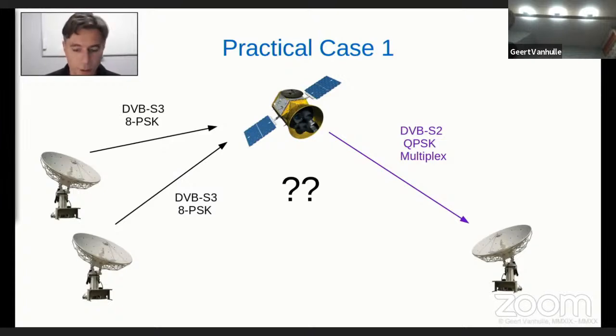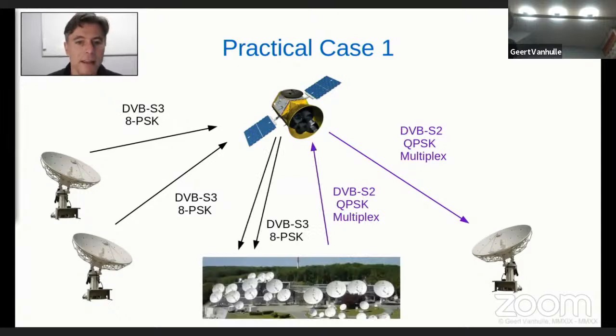So how does this work normally nowadays? Both of these new signals will be downlinked again in a ground station. The DVB-S3 8PSK will be demodulated, either decoded or just remodulated right away, depending on whether the transport streams are usable.